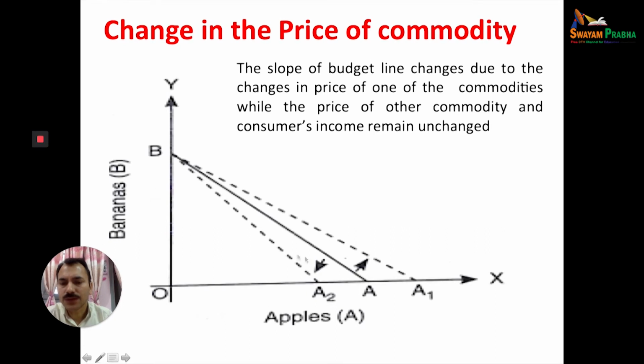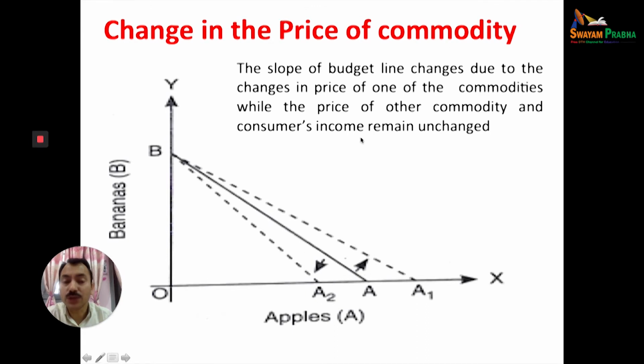And if we assume that the price of apple remains unchanged and the price of banana changes, then the same diagram will be here. If the price of banana decreases, then the consumer will purchase more of this banana, and if the price increases, then the consumer will be able to purchase fewer units of banana. So this is called change or shift in the budget line.